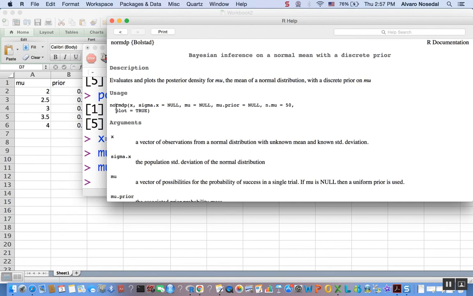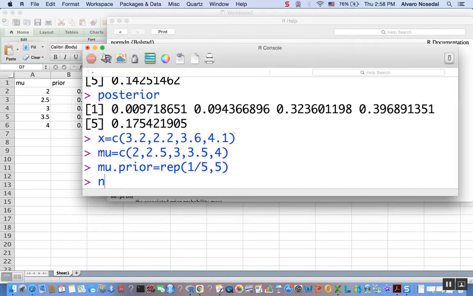Here we go. So it would be norm for discrete prior: x, we have 1, we have mu, which is the possible values, these guys here, and then we have mu prior. Now they have the same names, right? Because maybe that's why we ended up with something different.